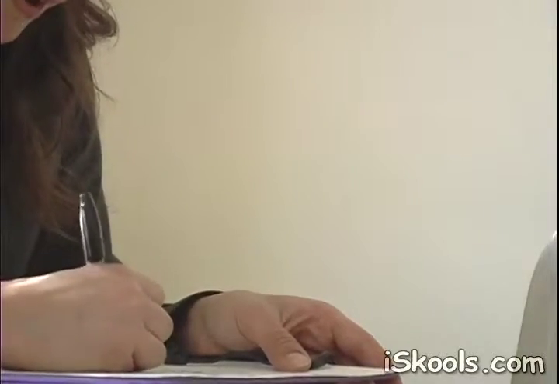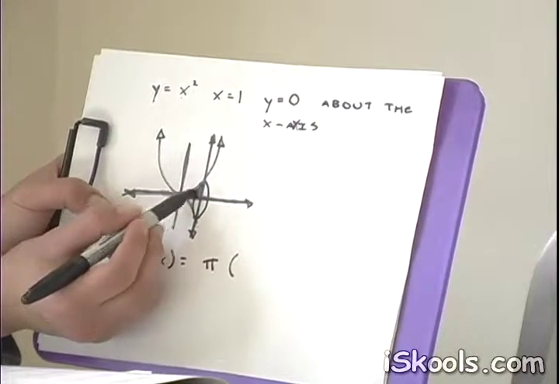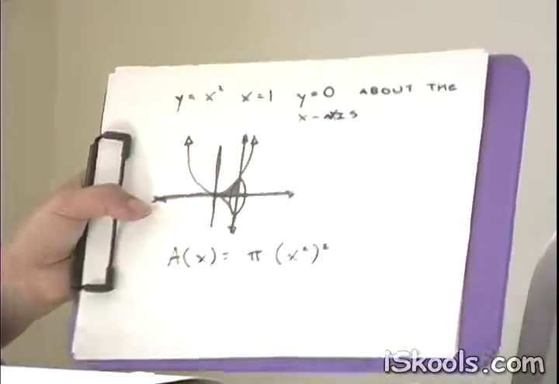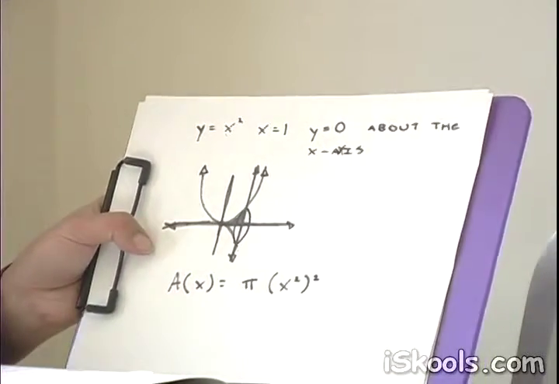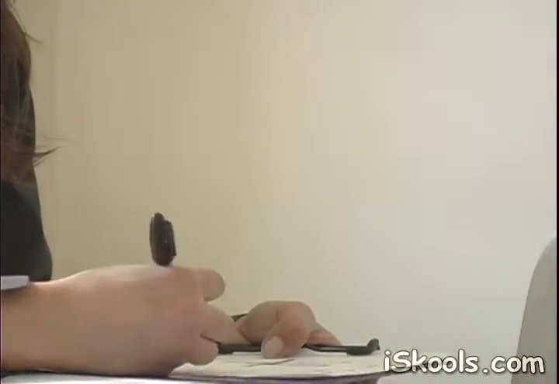I can write out A of x as the area, and then I'm going to write pi. The upward curve here is x squared. So I'm going to write x squared and then square that quantity. Then I could write this out, but it's really not necessary.